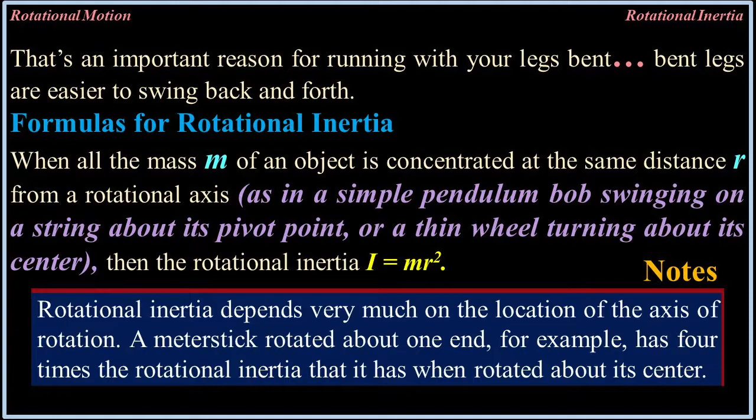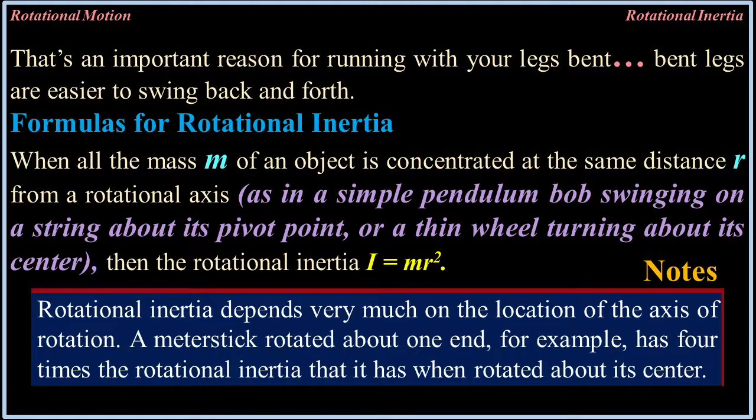Formulas for rotational inertia. When all the mass m of an object is concentrated at the same distance r from an axis, as in a simple pendulum bob swinging on a string about its pivotal point, or a thin wheel turning about its center, then the rotational inertia I equals mr squared.